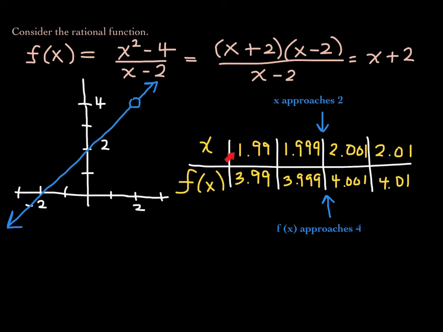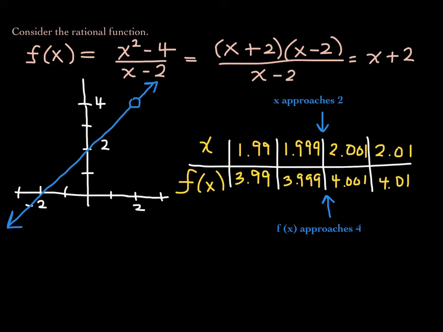Here you can see that these x values are getting closer and closer, moving in on x equal to 2. When you allow x to be 1.99, the function value is 3.99. Again, you can just plug in these x values to confirm that. Plug in x equal to 1.99, and you'll get 1.99 plus 2, which is 3.99. If you let x be 1.999, the function value is 3.999, even closer to 4.